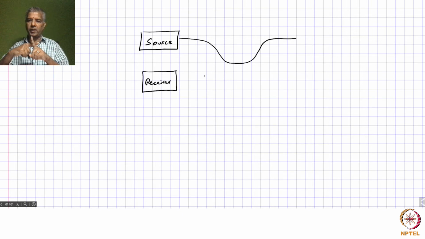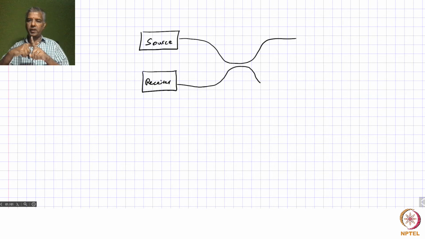Like before, let us just assume we are still considering a Michelson interferometer. So, we have basically your source, your receiver, right, and then that is connected through an optical fiber.